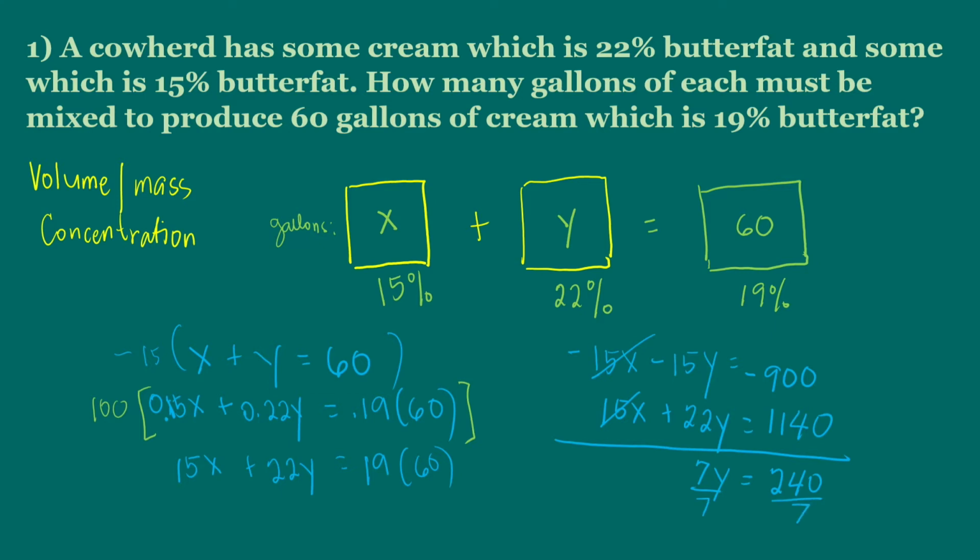So, divide by 7 both sides. The y value is 34.29. What's the unit? It's in gallons. Alright? So, how do we write our final answer? Final answer, we can write it in sentence actually.